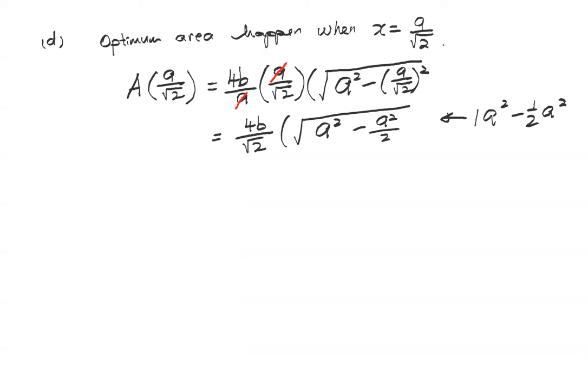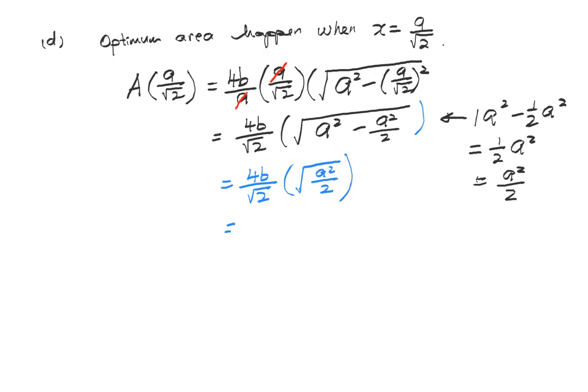So what am I left with? Half a squared, correct? So this one also can be written as a squared over 2. That is how you read. So now I have 4b over root 2 times the square root of a squared over 2.